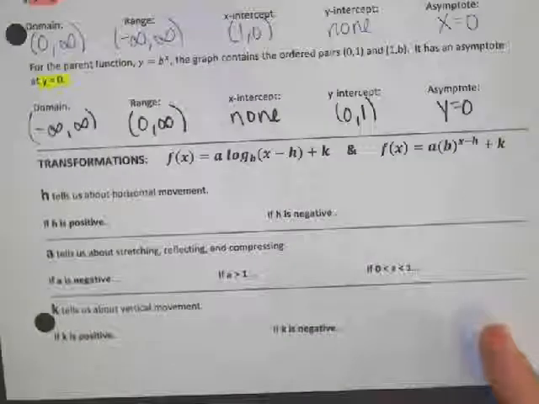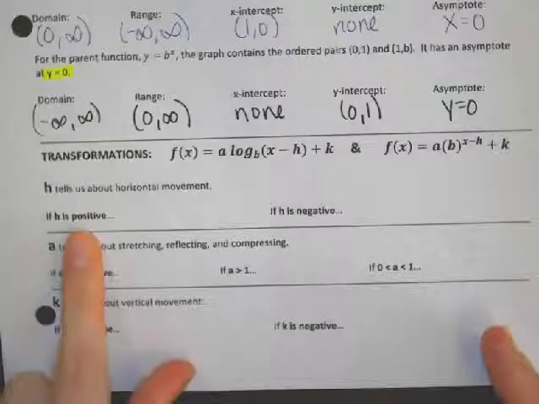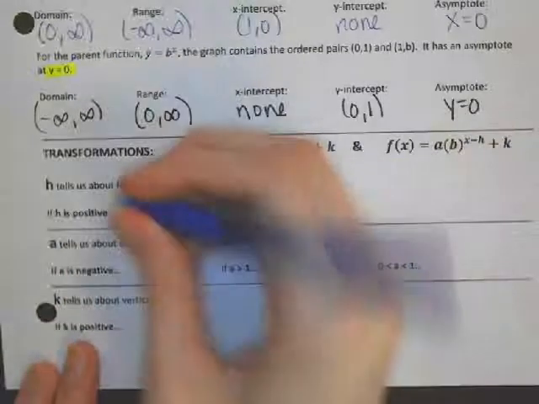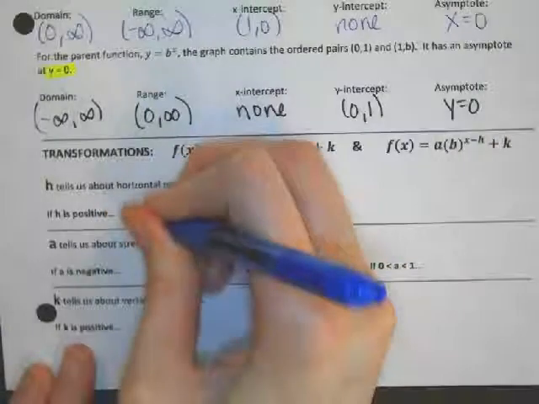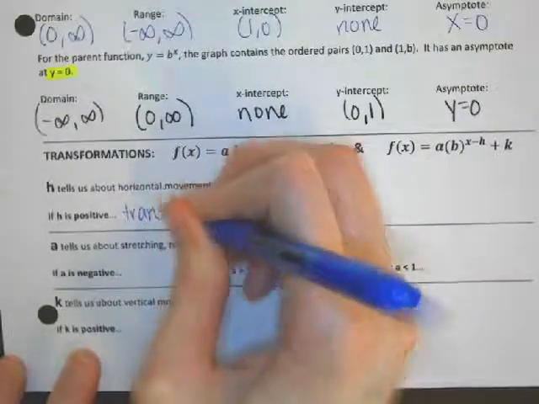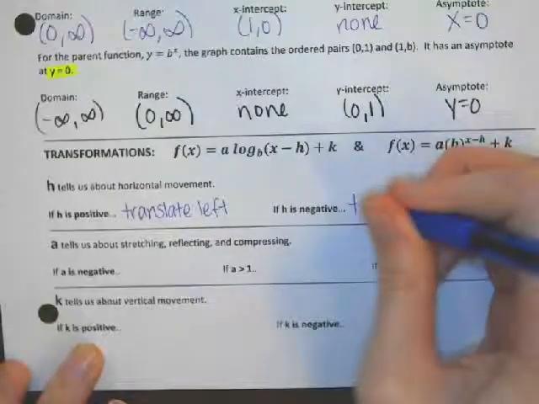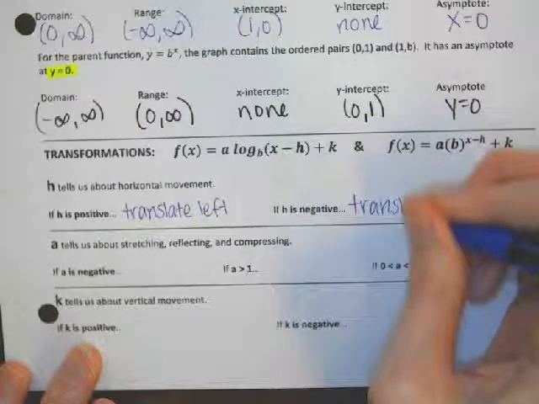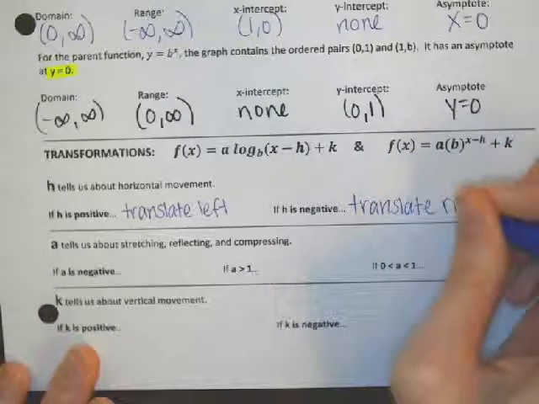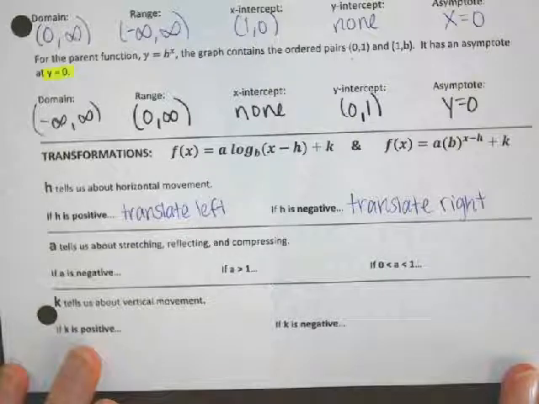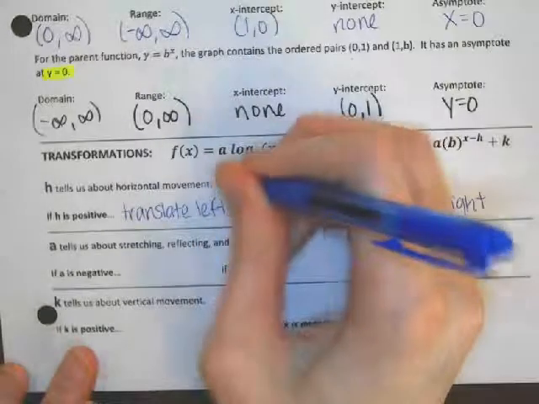The opposite. So if it says it's a positive, that means we're going to move to the left. So if it's at positive h, we translate left. If it's a negative h, you're going to translate right. Yes, this one's the one that's opposite.